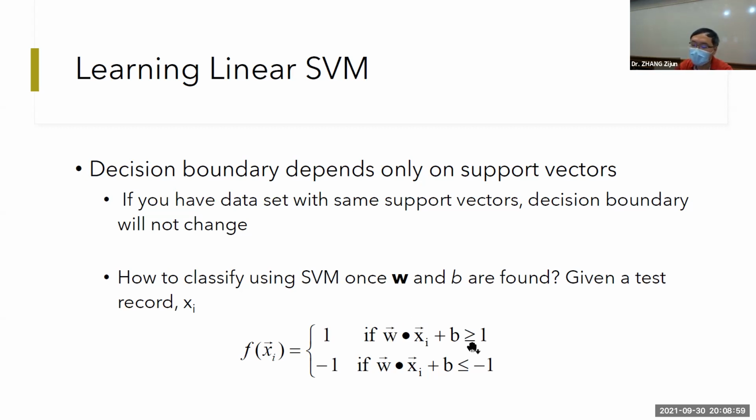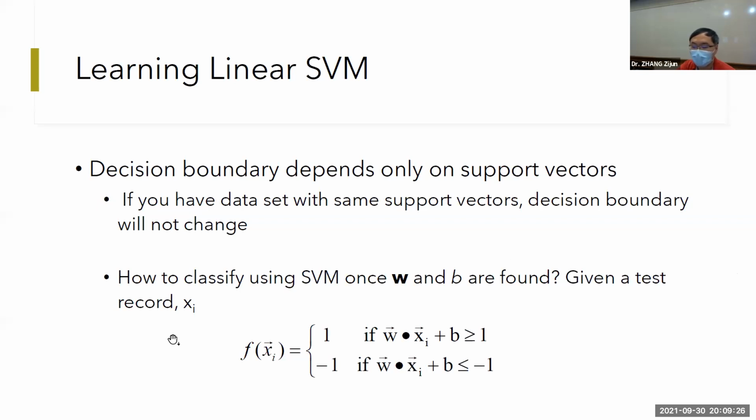Once W and b are determined or optimized with training, your decision boundary will be determined. So in the future, if you get new data in, if the data set has the same support vectors, the decision boundary will not change. It will remain the same. Then how do we classify the data using SVM once W and b are determined?